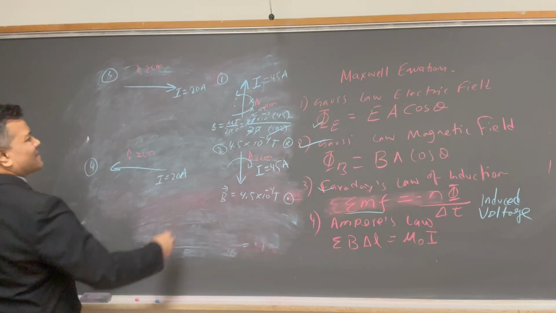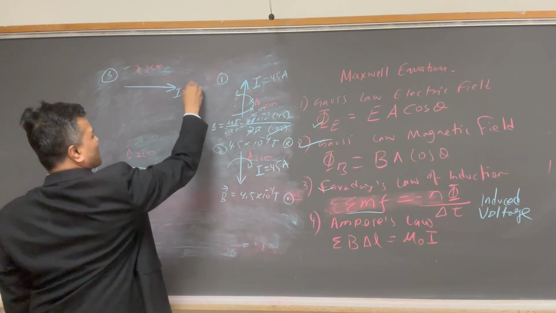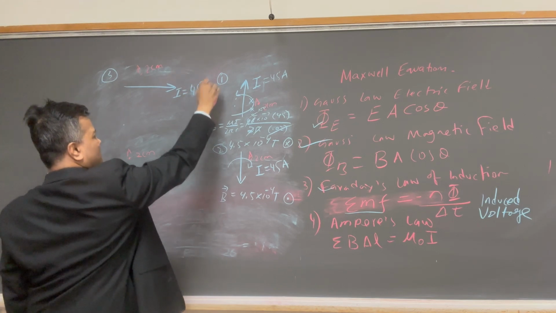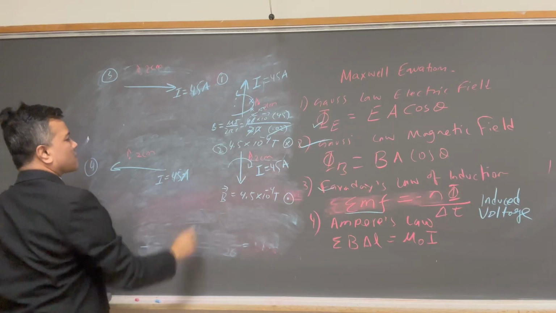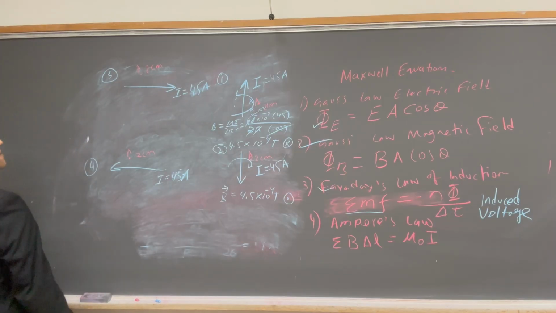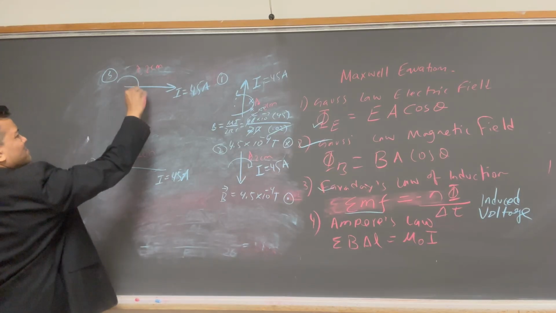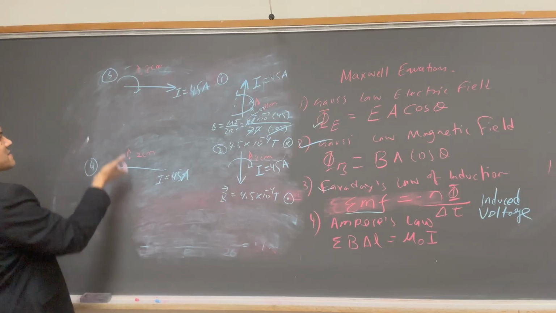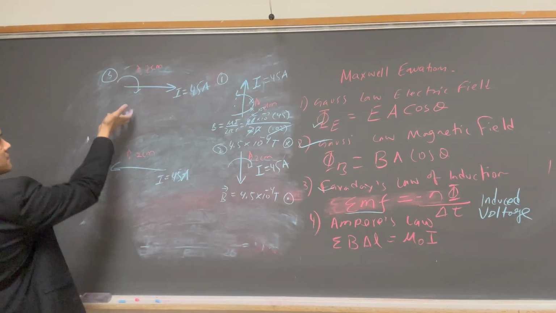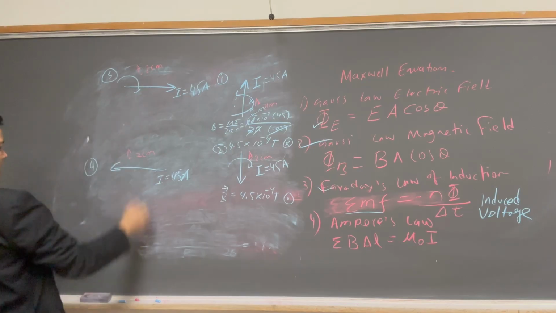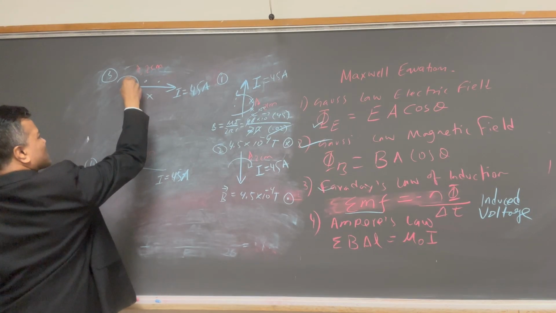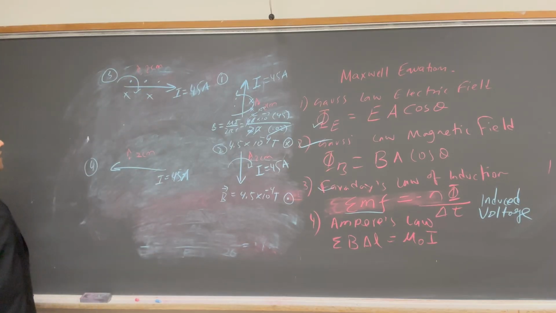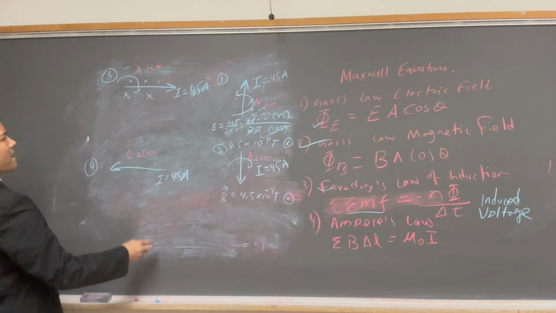This one, let's do 45 so I don't have to do the math. Trying to be lazy over here. So this one is going to be clockwise. Why is this clockwise? So this is in, this is out. Okay, so this is going to be clockwise.